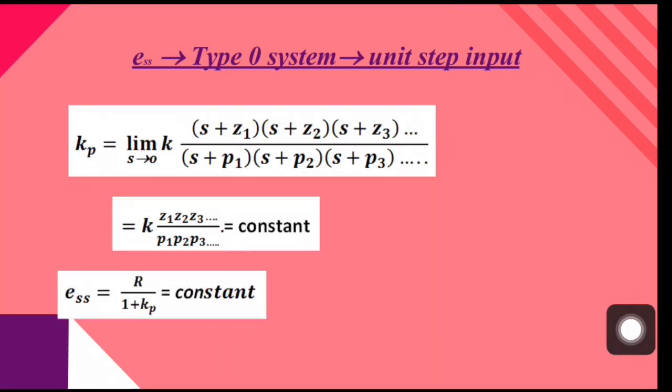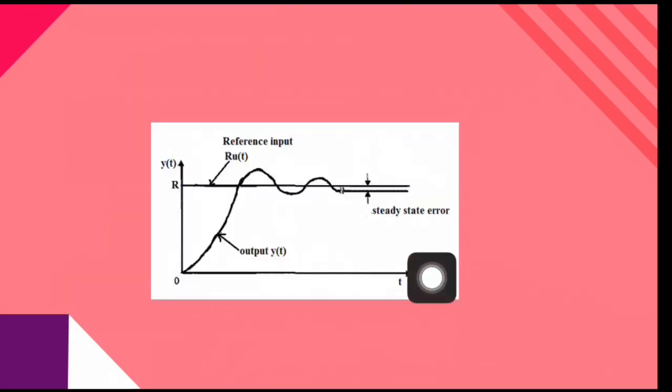Correspondingly, our steady state error, that is R by 1 plus Kp, also becomes a constant. This constant steady state error is shown here. You can see at this point the difference between the reference input and output is a constant. So we can conclude that the steady state error of type 0 system for unit step input signal is constant.